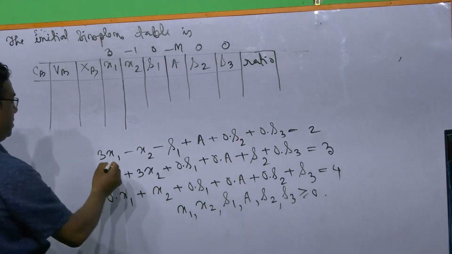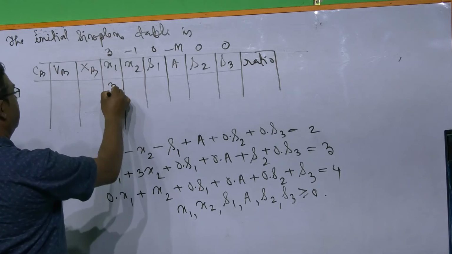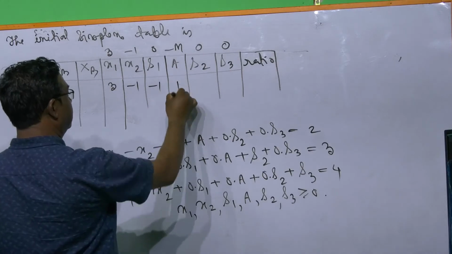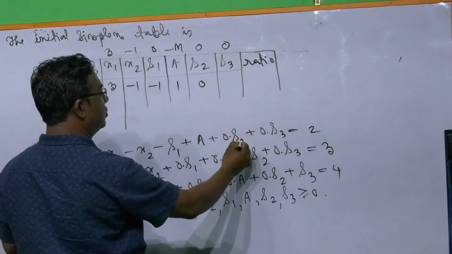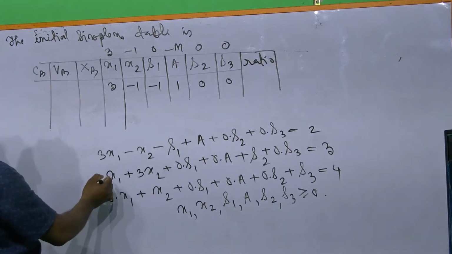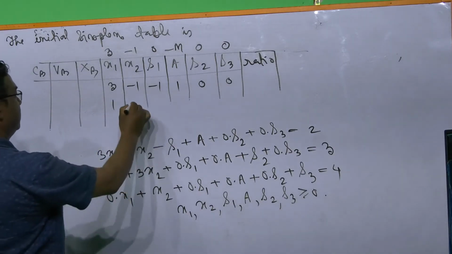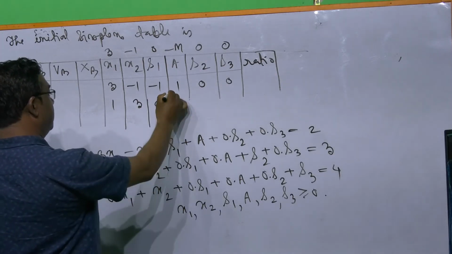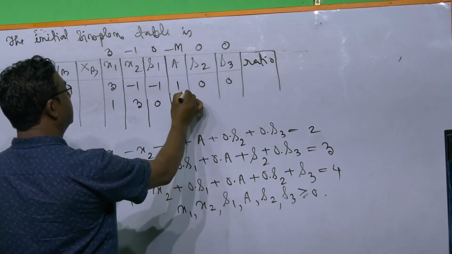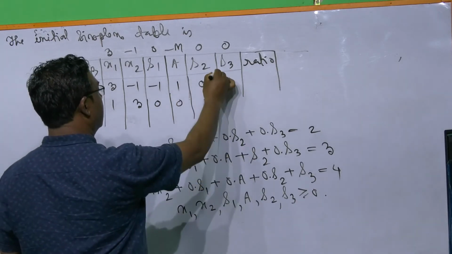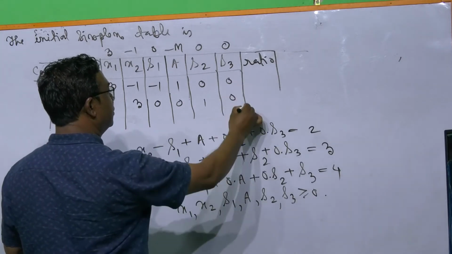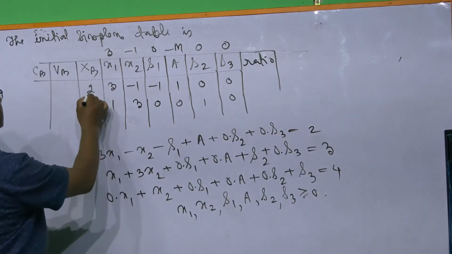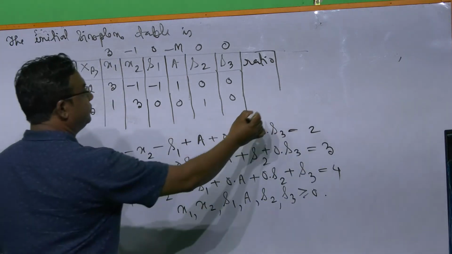Then you fill up this coefficient. 3 is here, minus 1, minus 1, 1, this is 0, this is 0. The second is 1, 3, 0, this is 0, this is 1, this is 0. You write 2 here, right hand member you put in the column of the basic solution.